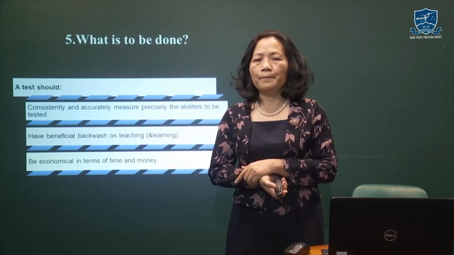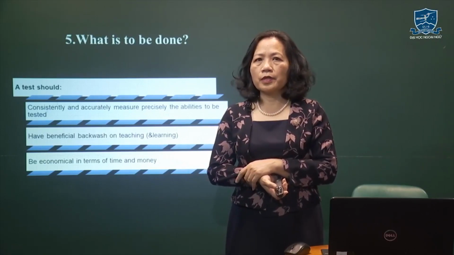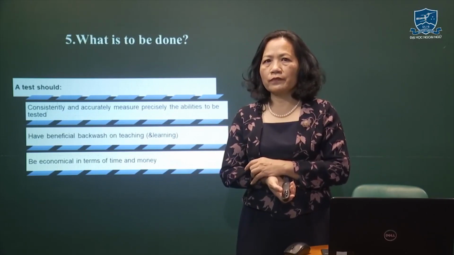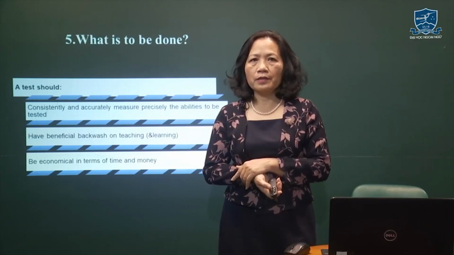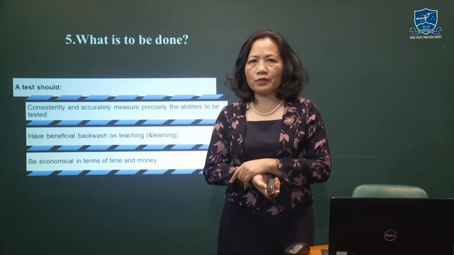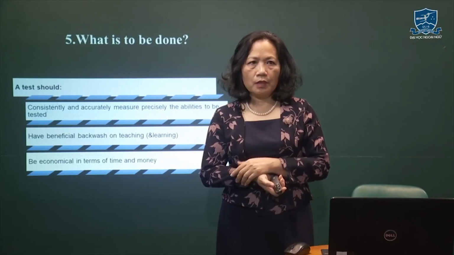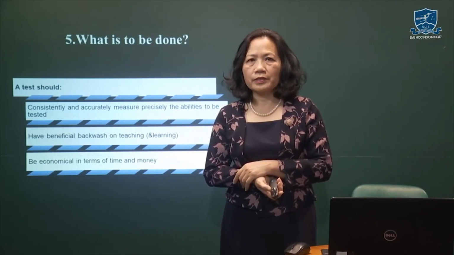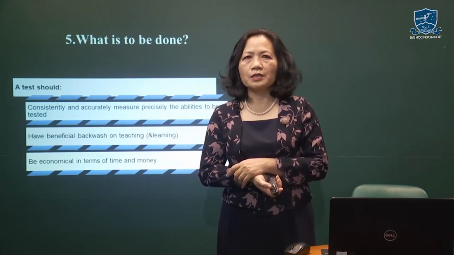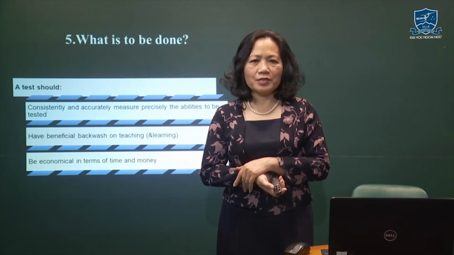Ability, like skills or abilities in the knowledge, using the knowledge of the language, using vocabulary, using pronunciation, grammatical structures, etc. So we use the general word abilities to talk about students' knowledge and skills and competence in using the language. So what we want to test should be tested.